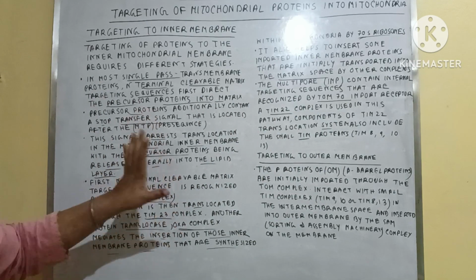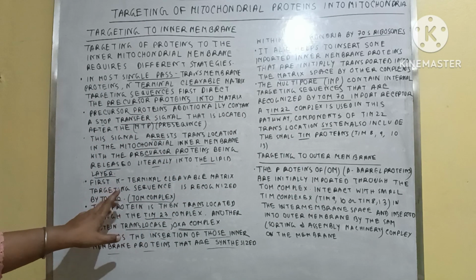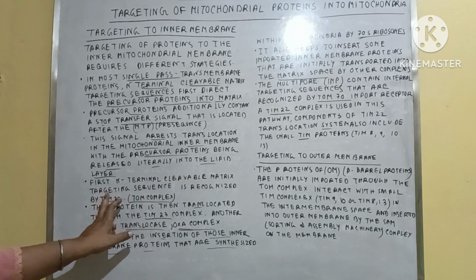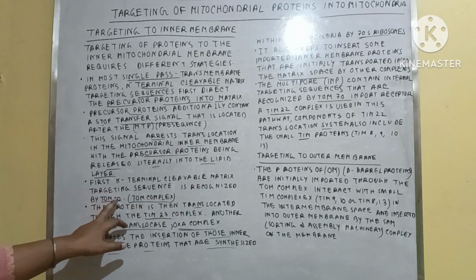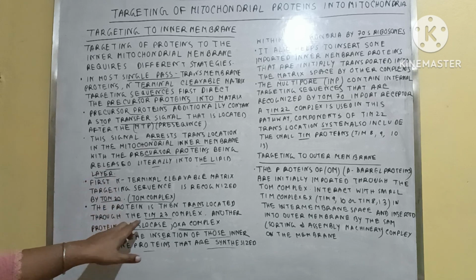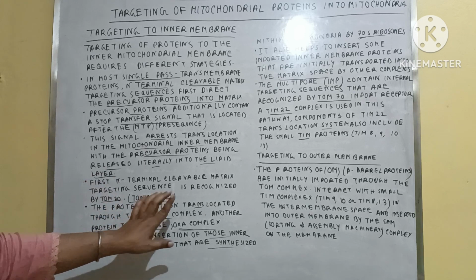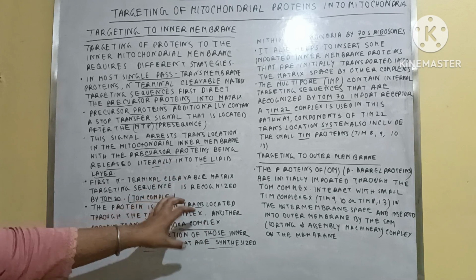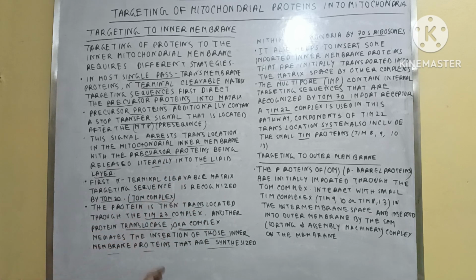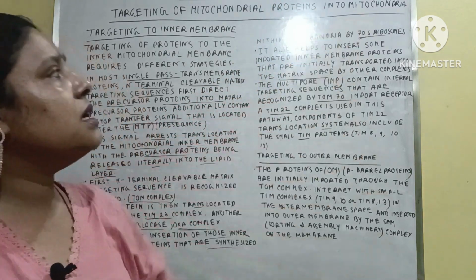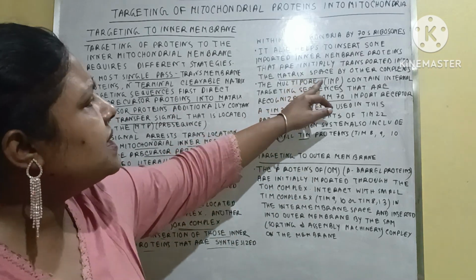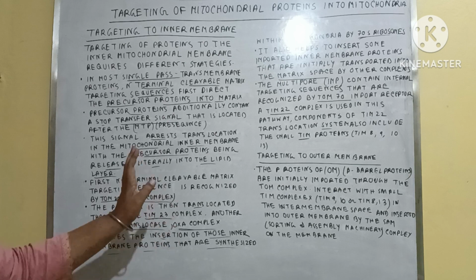So you can understand that the N-terminal cleavable matrix targeting sequence is first recognized by TOM20 and translocated through TIM23. In some cases the OXA complex plays an important role for proteins synthesized by 70S ribosomes or by other complexes and present in the matrix space.